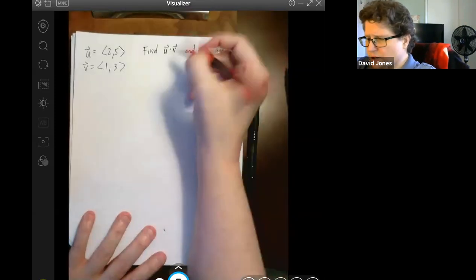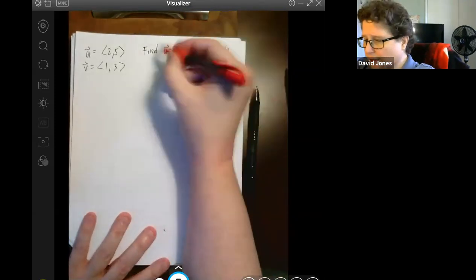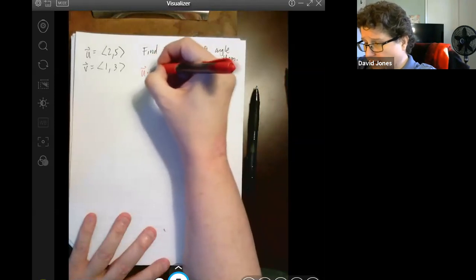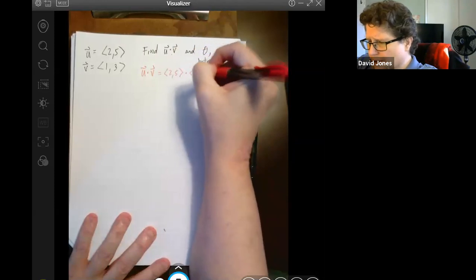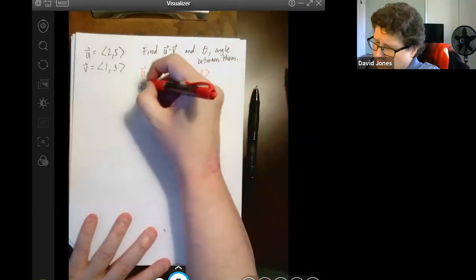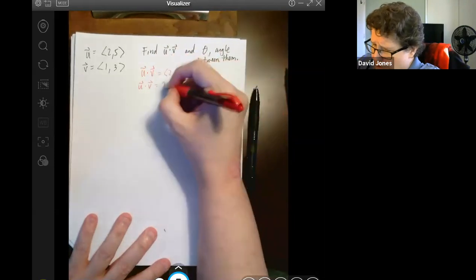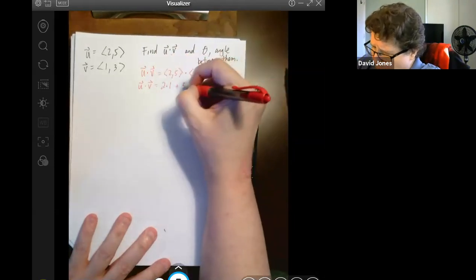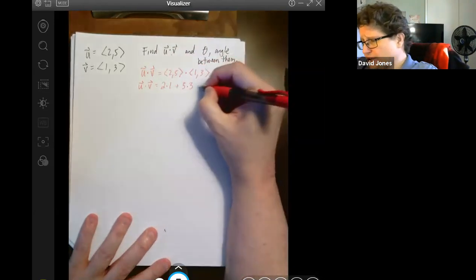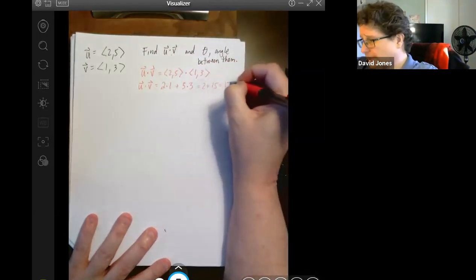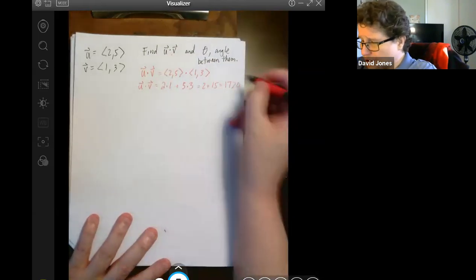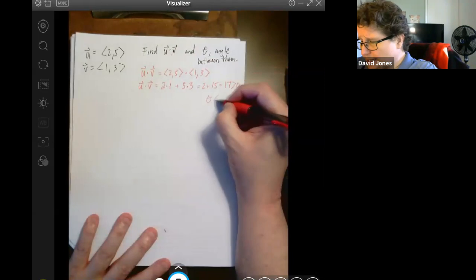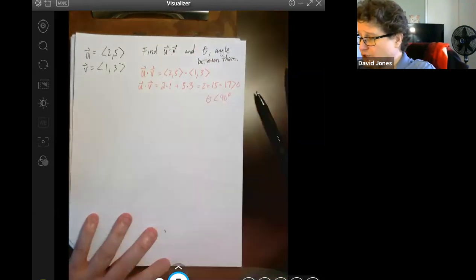Well, the easiest way to do this is not going back to that cosine theta formula. u dot v is 2, 5 dotted with 1, 3. We just multiply the x values and add that to the product of the y values. And we get 2 plus 15 equals 17. This is greater than 0, so theta should be less than 90 degrees because u dot v is positive.